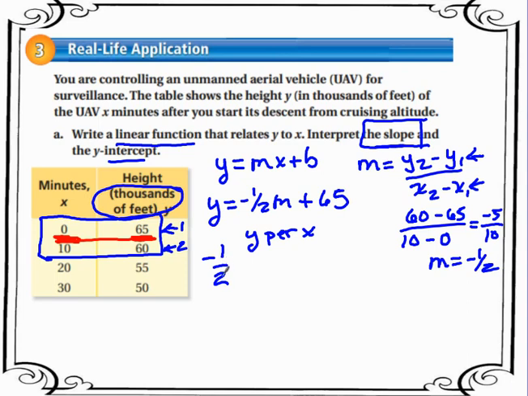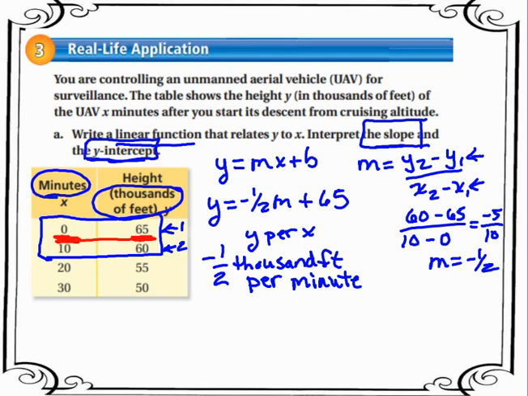So we say negative 1/2 thousand feet per, what is the x value? Minutes. So we say it goes down 1/2 of 1,000 or 500 feet per minute. But this negative sign means it's going down, which makes sense because our UAV is descending.